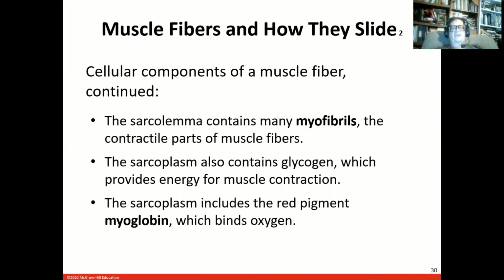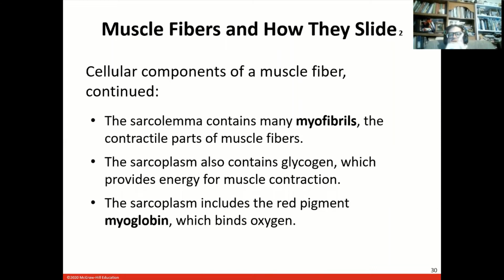It also has glycogen, as in sugar molecules. Remember, a long time ago, we talked about how glycogen is the animal energy storage molecule. It's a bunch of sugars all hooked together. And this is what provides the energy for muscle contraction. And I'm going to give you an exception.